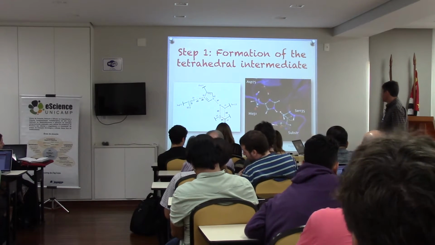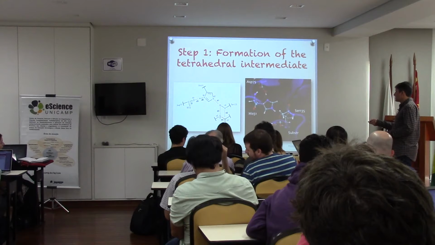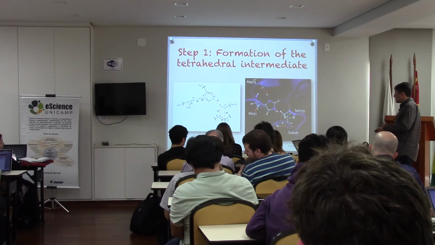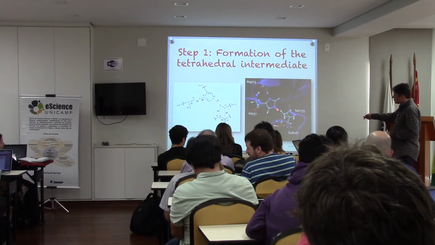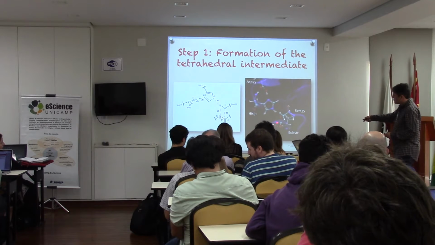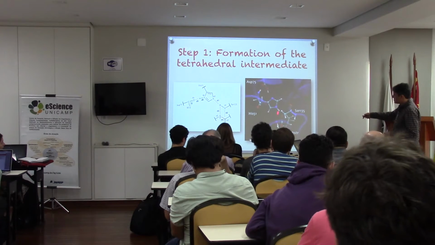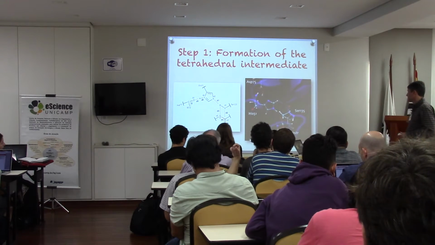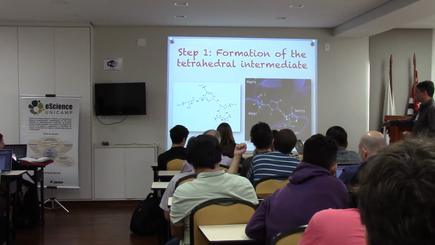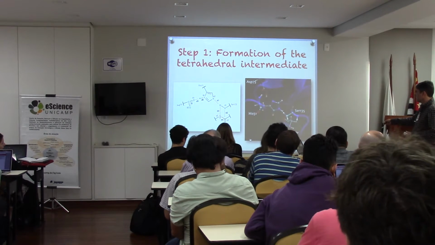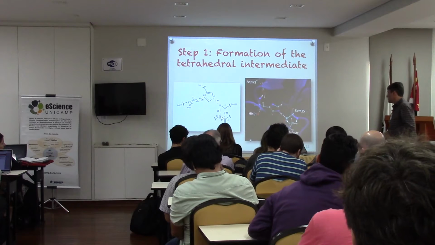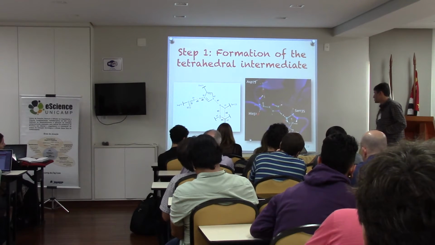At this point, the only thing that's left now is to break the bond. And to break the bond, what we did, we tried to drive this hydrogen to the nitrogen here to make the bond break. You see the water molecule doesn't leave here anymore. It's kind of stuck there, stabilizing the oxygen charge.